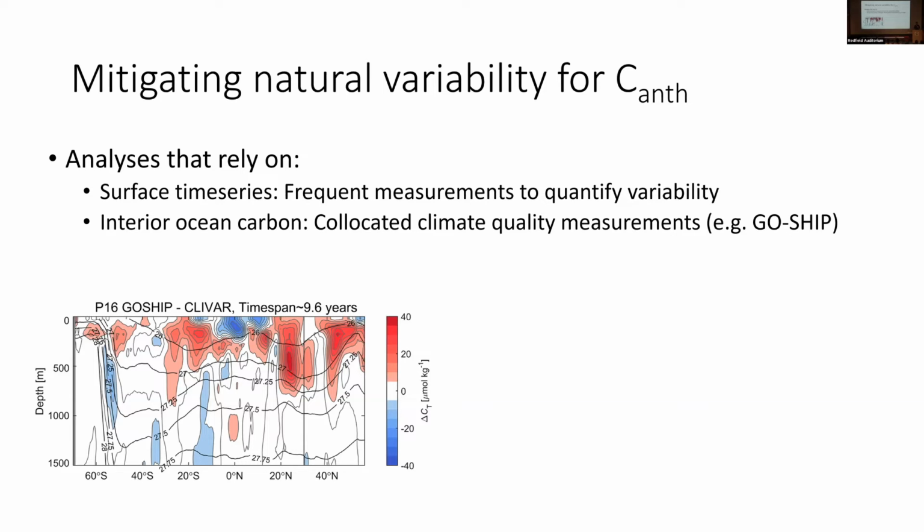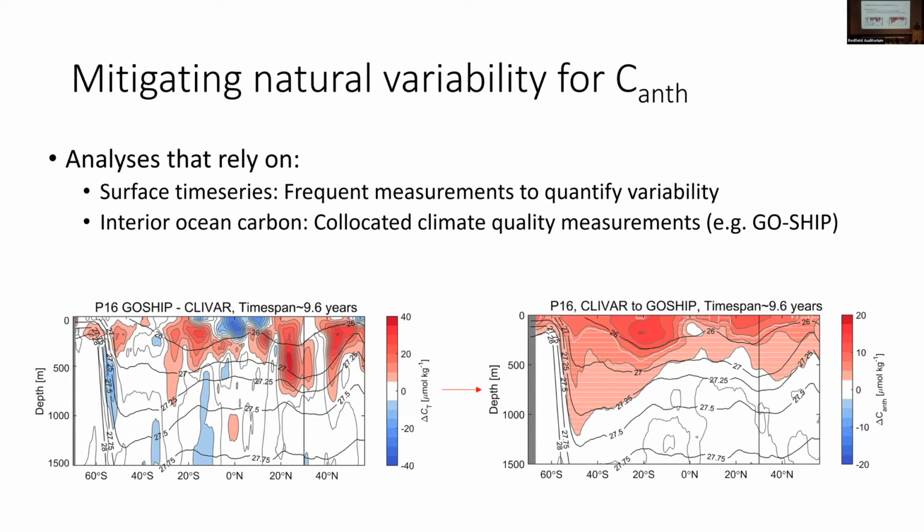And the processes that lead to natural variability in the interior ocean also lead to natural variability in these co-located measurements. At the end of the day, we can pull out something that looks a lot more like what we'd expect to see from anthropogenic carbon, with accumulation in the surface ocean, deeper accumulation in places where you have intermediate water formation, and less accumulation in places where we have upwelling of deeper, older waters.